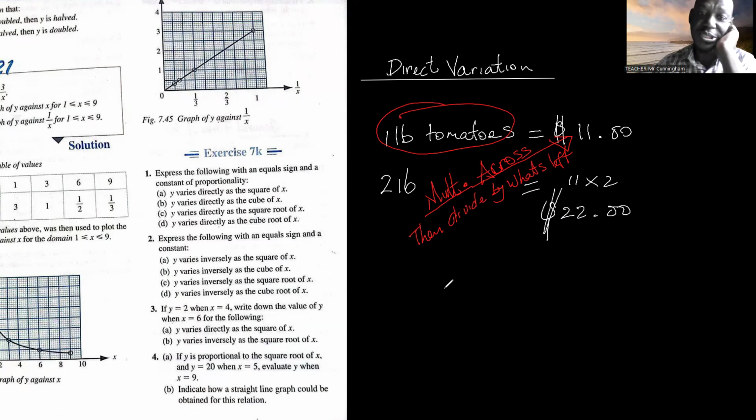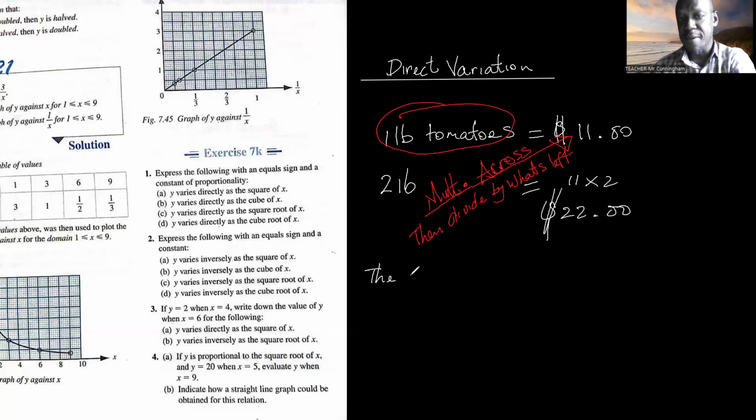So when we talk about direct proportion, we mean that one quantity varies directly with the other.